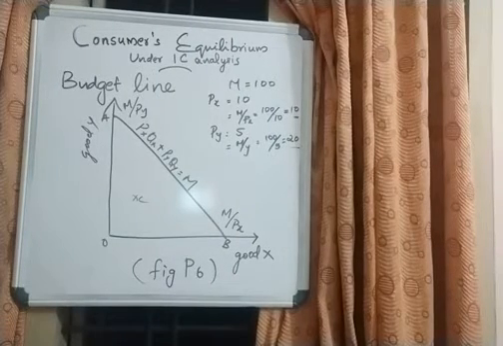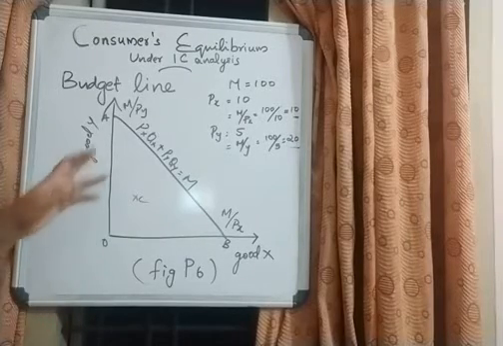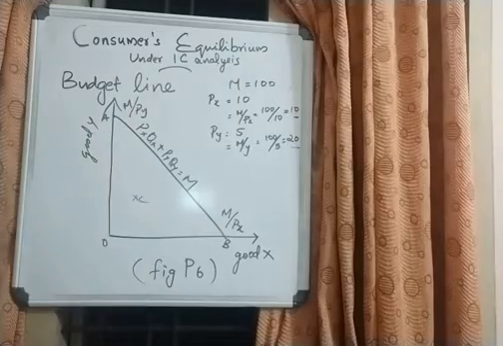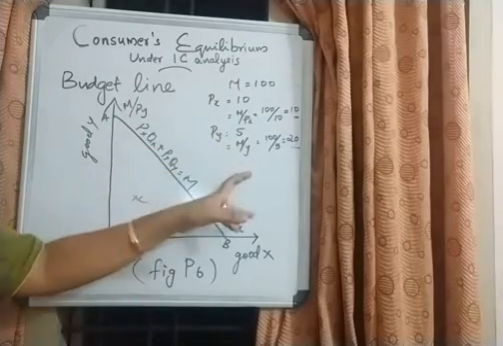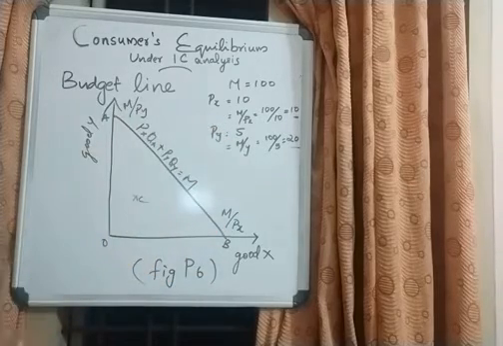The consumer can choose among possible options shown by the budget line AB. In between these two points, A and B, there are a lot of combinations the consumer can purchase.